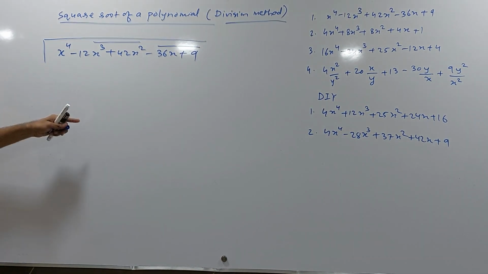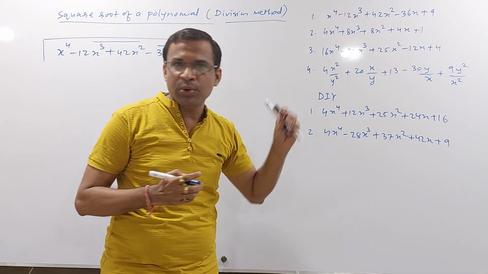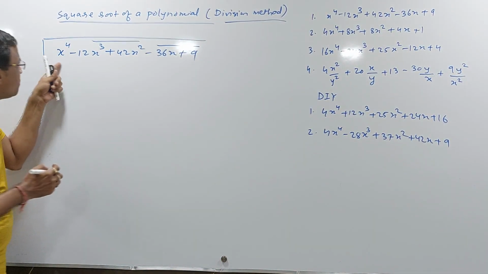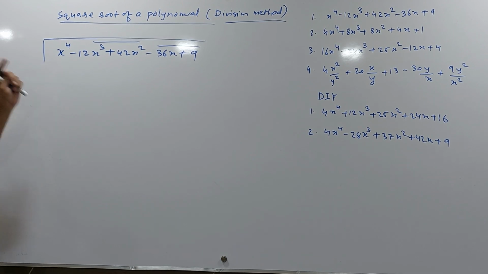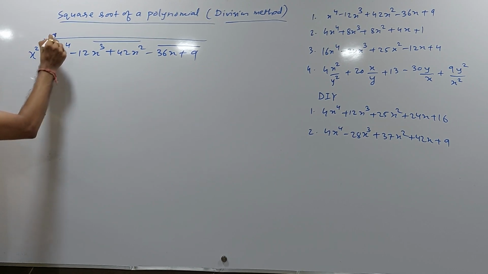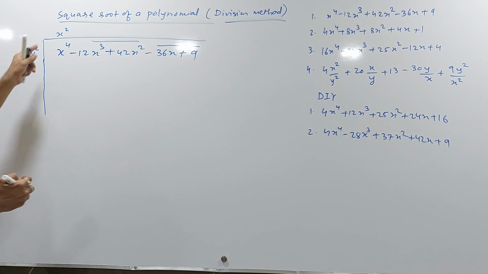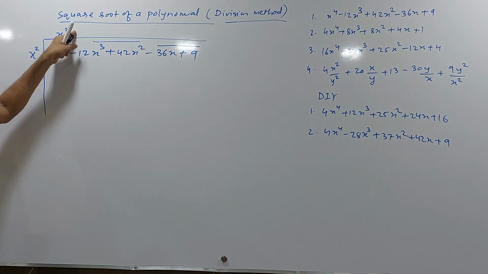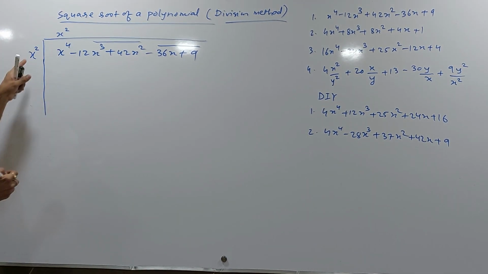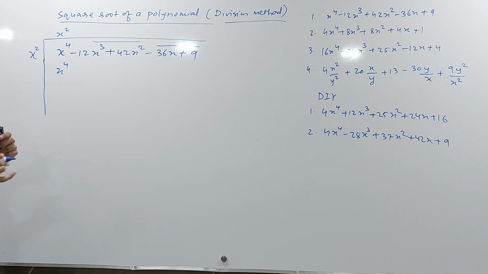If any question related to this comes, the first term will always be a perfect square. It is the square of x square. So let us start with this. x square is my first quotient. So x square into x square, I am getting x power 4.